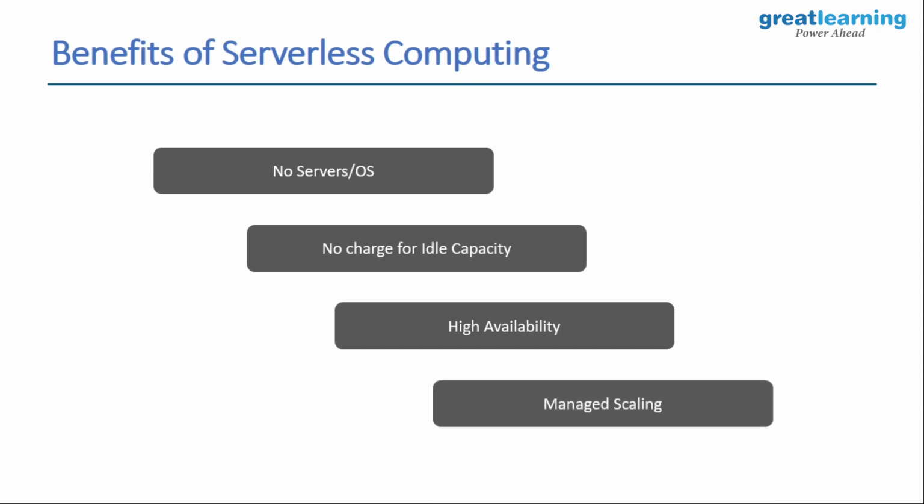Managed scaling. We've talked about scaling already, right? Auto scaling is one thing that we need to understand. When you say auto scaling, you set up your infrastructure in such a manner that whenever it experiences more traffic, it just scales up, okay? When you talk about serverless computing, we are talking about a lot of log data and stuff like that.